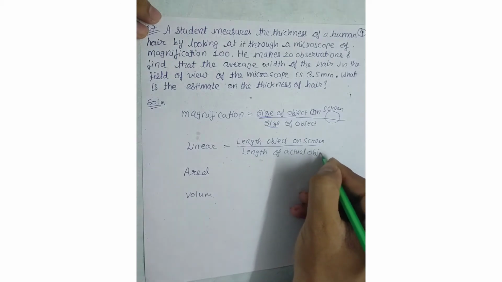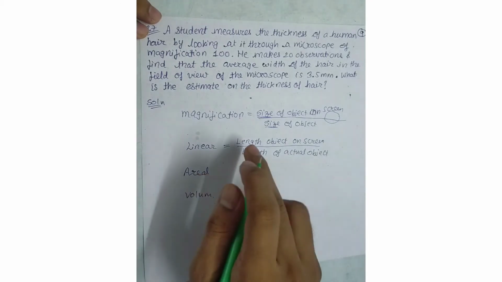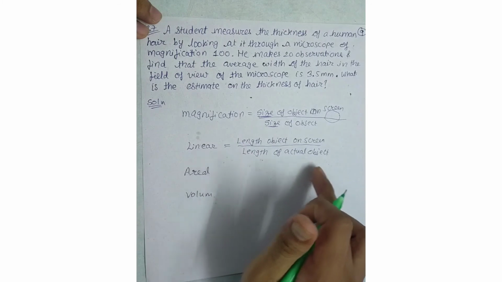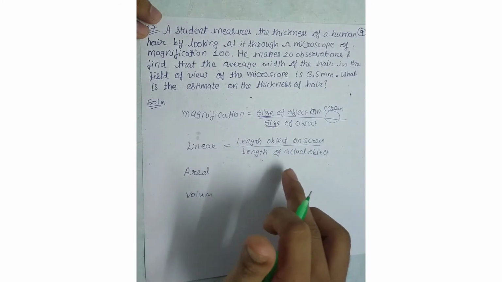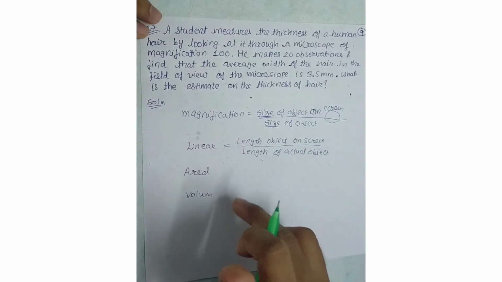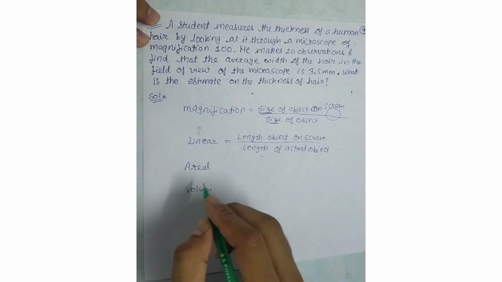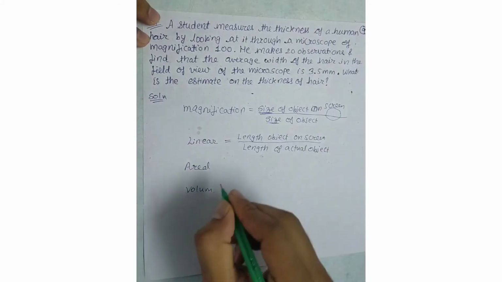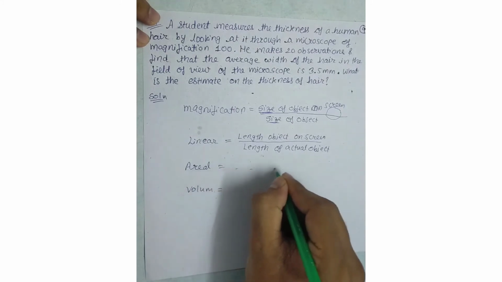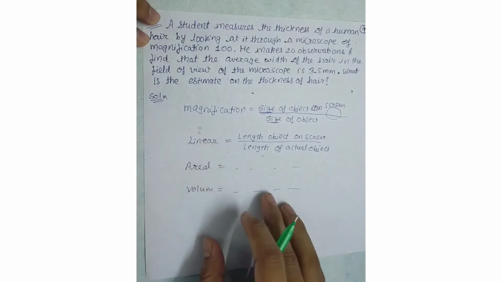Clear? Similarly, for areal, we can write the area of the object on screen divided by the area of the real object. Similarly, for volumetric, it turns into volume. Clear? For our question, you can similarly write the definition for such two things.